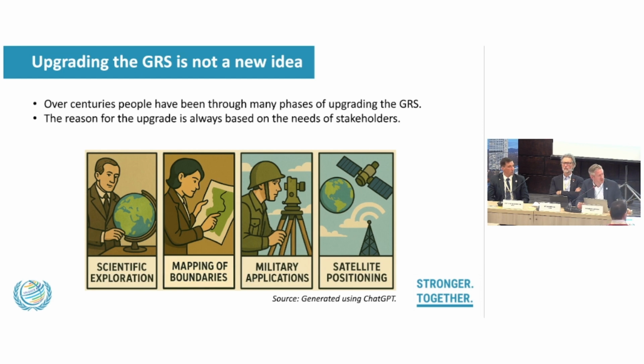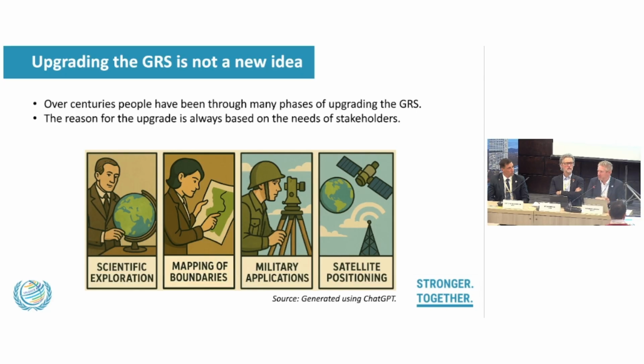And it changed for a number of reasons, whether it's scientific exploration, the mapping of boundaries, military applications, or when satellite positioning came in. Satellite positioning was the big one. A lot of countries were operating fine, working locally within their region with a local geoid model, a local height datum, a local ellipsoid that fitted really well across their country.